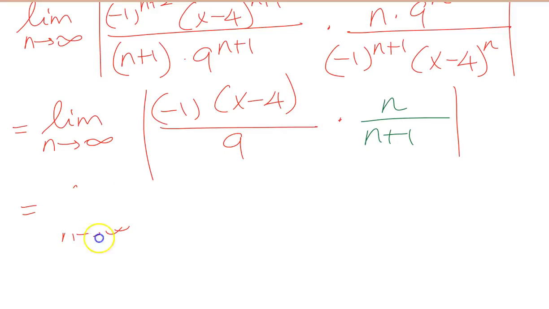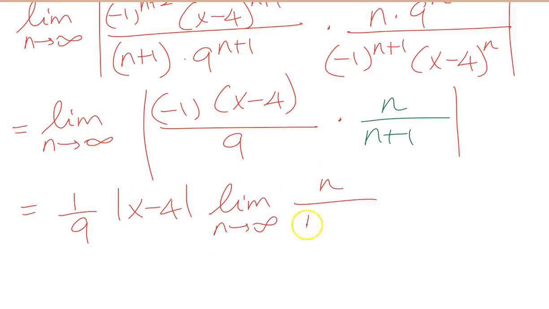Negative 1/9, when taking absolute value, is 1/9, and the absolute value of x minus 4 stays. They can both come out of the limit because they do not have n in them. The limit only depends on n.